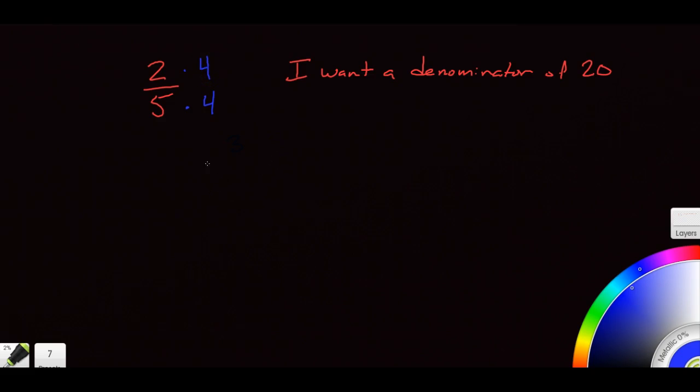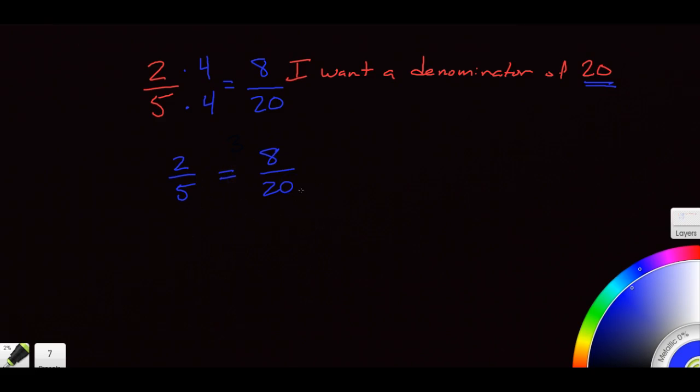So 2 times 4 is 8. 5 times 4 is 20. So now I have a denominator of 20. So 2/5 and 8/20, though they look completely different, are actually equal to each other.